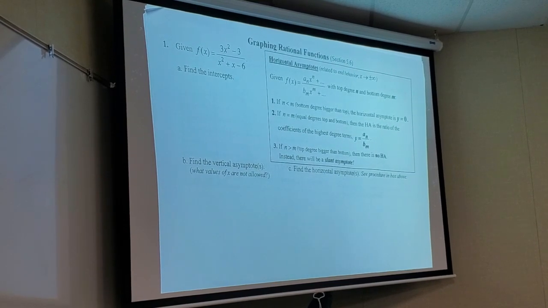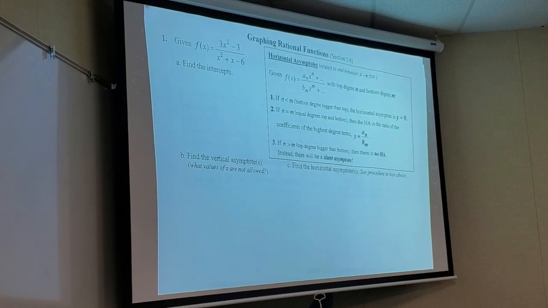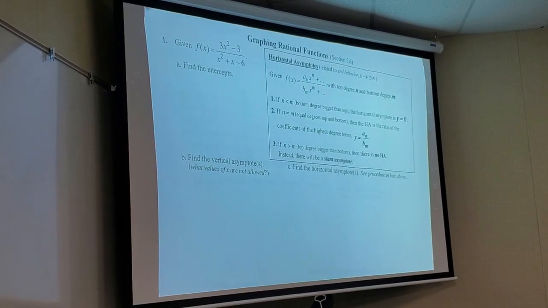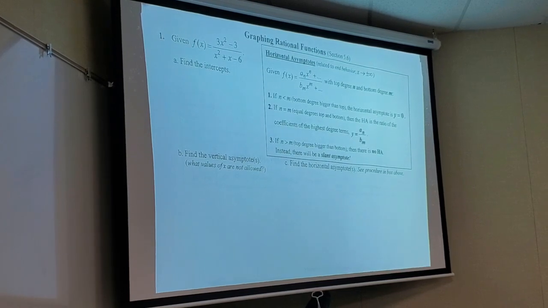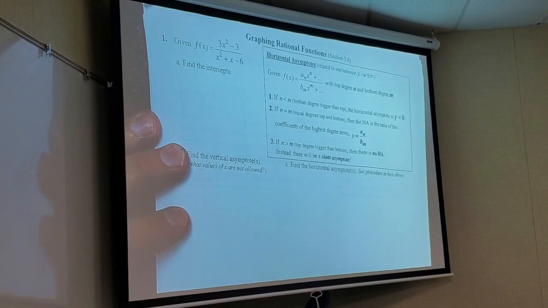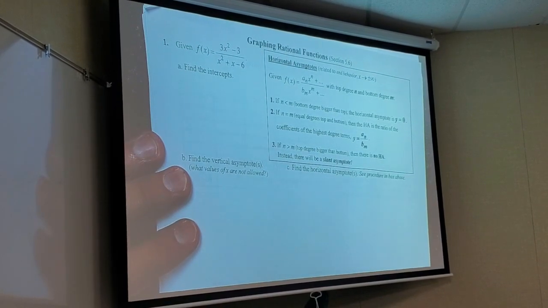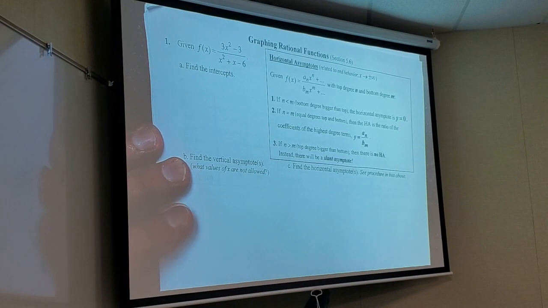We've got to put a wall there. Do we have to write x equals for the asymptote? Totally.